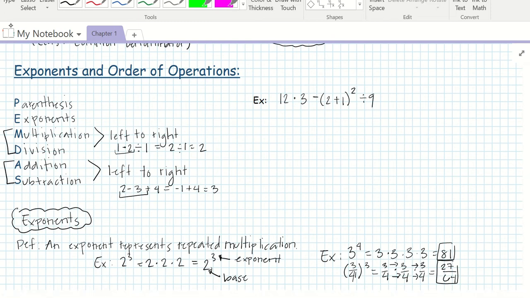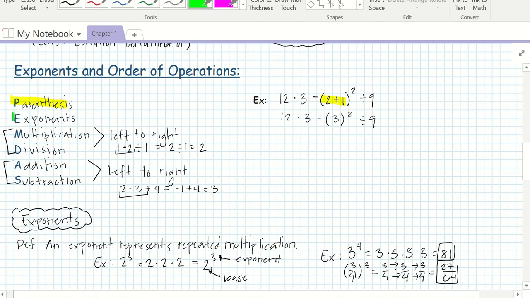Okay, so first thing that we need to do is the parentheses. I have two values inside of that parenthesis that can be simplified. So that's the first thing I'm going to do. I have 12 times 3 minus, and I simplify whatever is inside the parentheses. 2 plus 1 is 3. To the second power divided by 9.